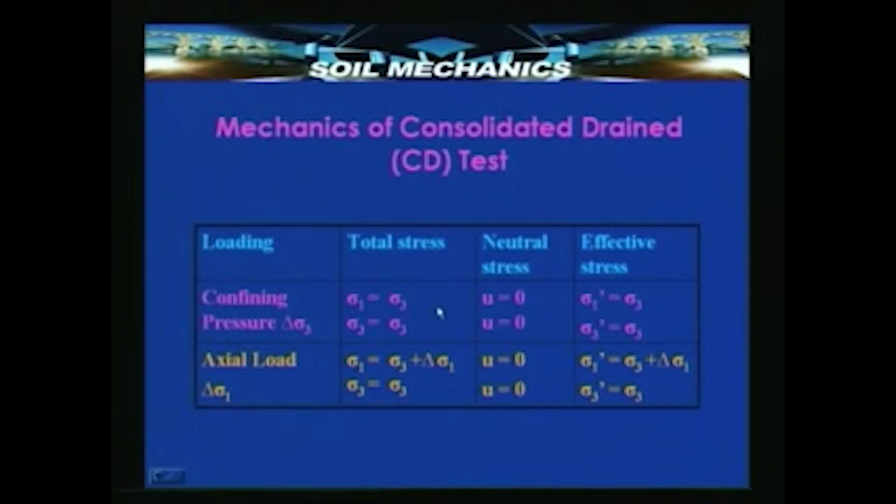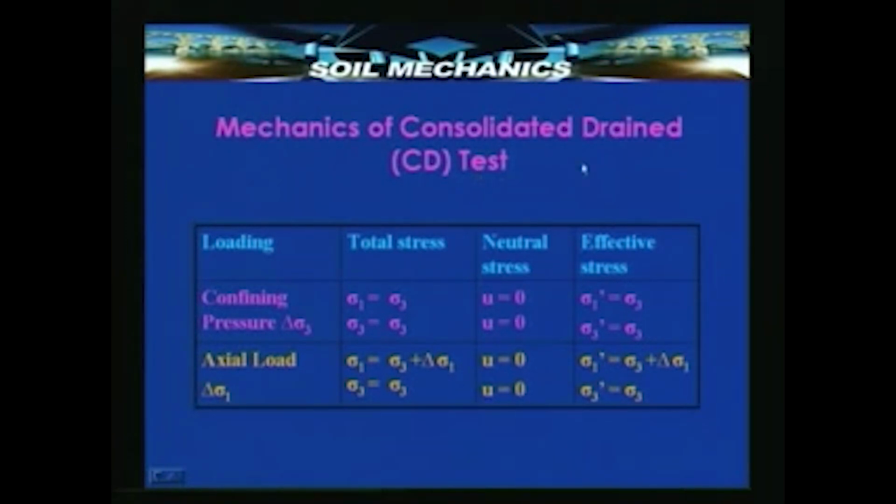Then whatever stress we apply immediately becomes a total stress, and the total stress values will therefore be lateral pressure sigma 3 equal to the applied pressure sigma 3. The vertical pressure is also equal to the applied pressure sigma 3 because the sample is surrounded by water on all sides. Corresponding pressure in water will depend upon whether drainage is permitted or not.